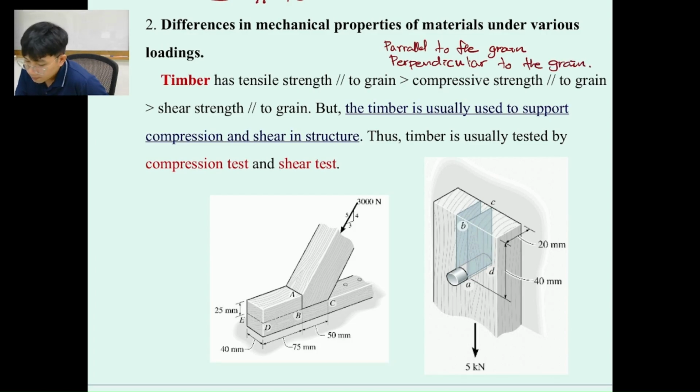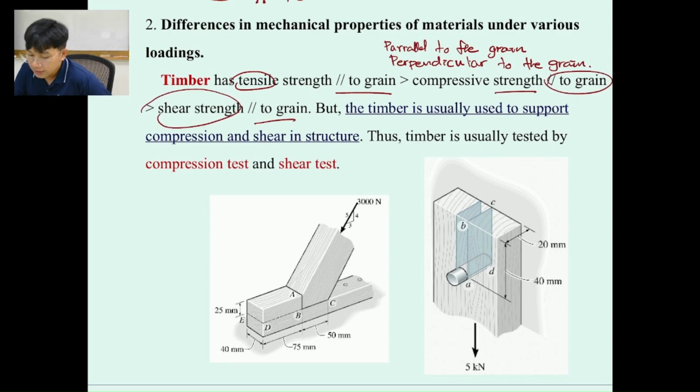For example, if we compare the tensile strength to the grain, the compressive strength to the grain, and the shear strength to the grain, you can see that the tensile is going to produce a really high resistance strength, which means when we test it, we need to look at the application first.